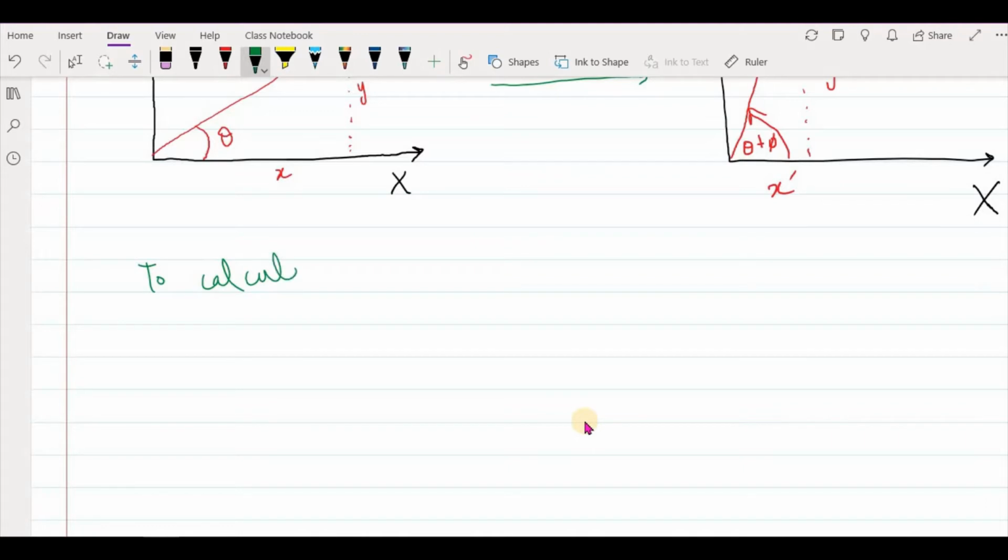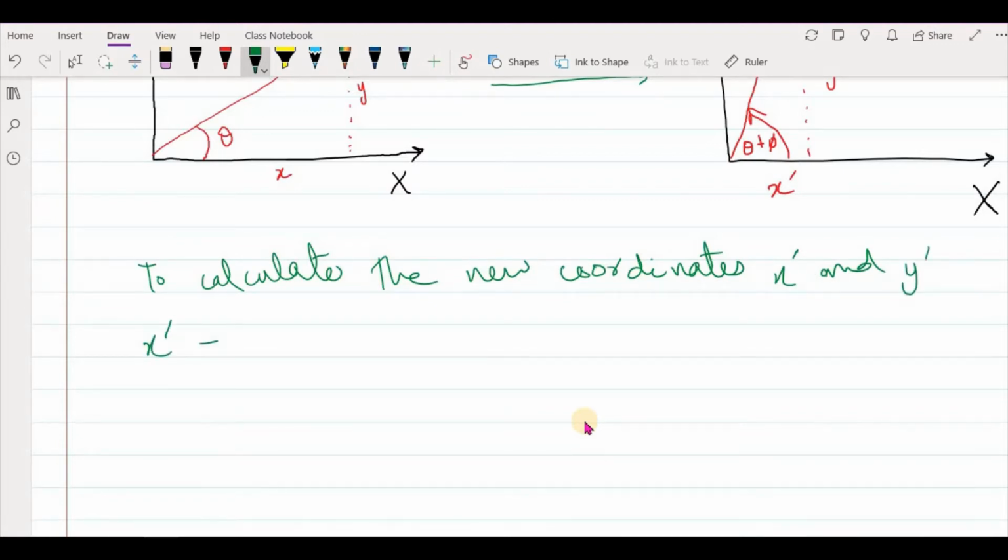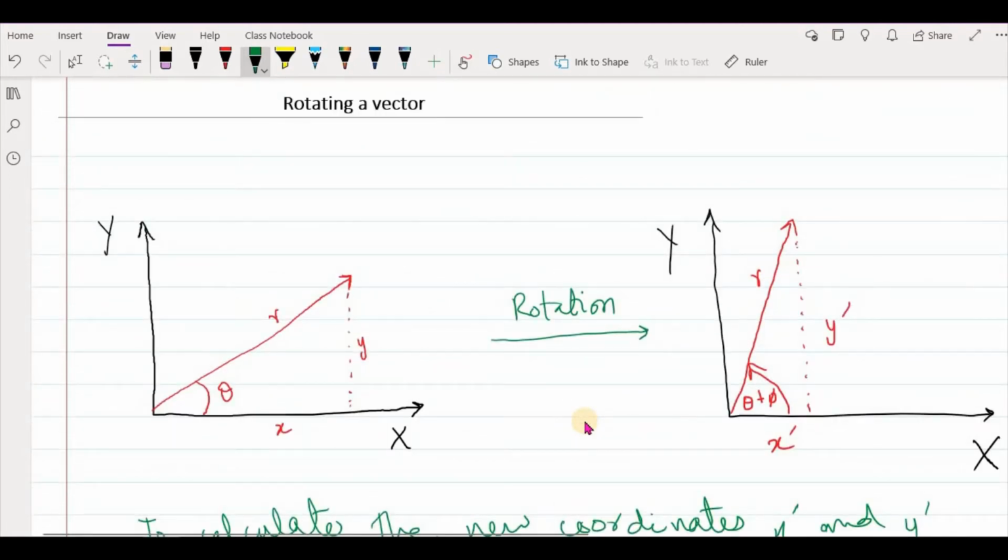To calculate the new coordinates, x dash and y dash, what we have to do, we have to just write it like this, because we know that using trigonometry, so we have a triangle here.